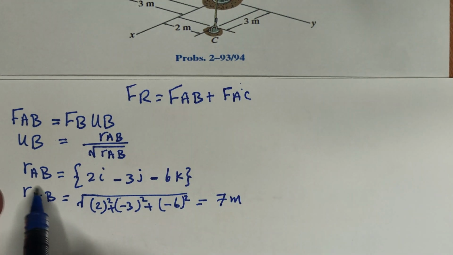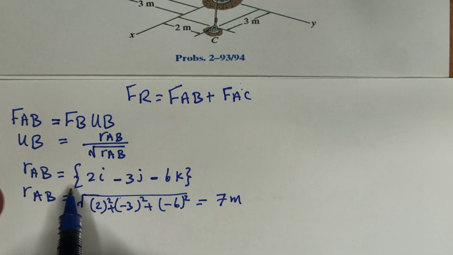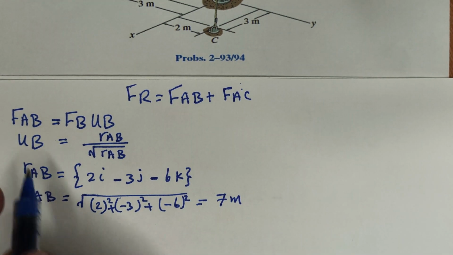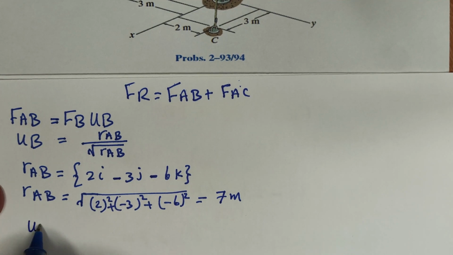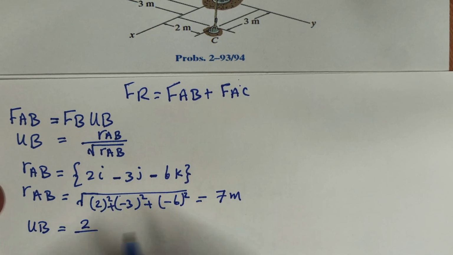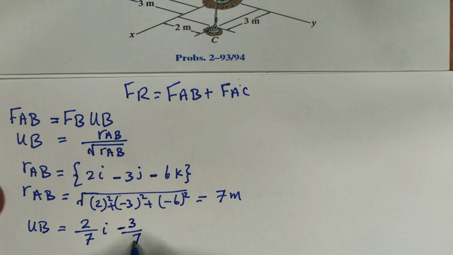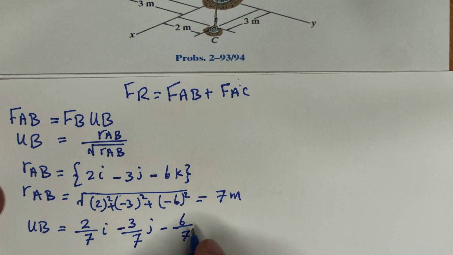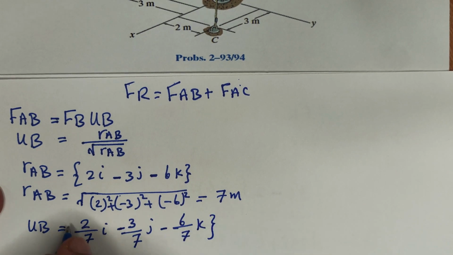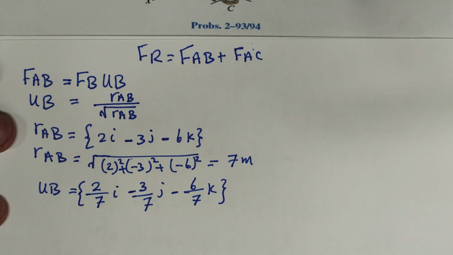Since we found the position vector and its magnitude, easily we can get the unit vector B, which is 2 over 7 i, negative 3 over 7 j, negative 6 over 7 k.